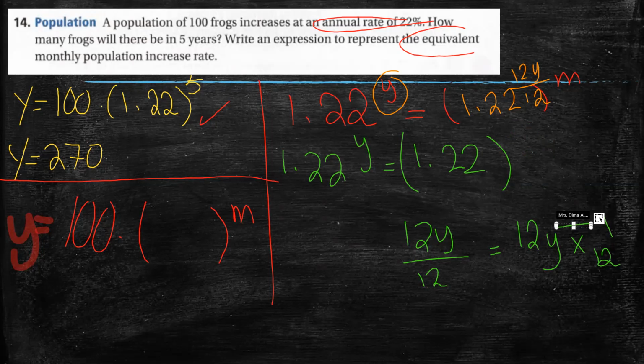I will put the 1 over 12 inside. I will put them inside, and then I will bring 12y to put it outside.